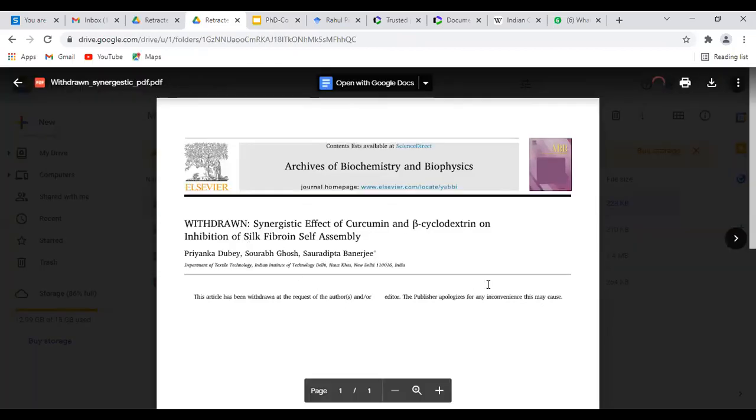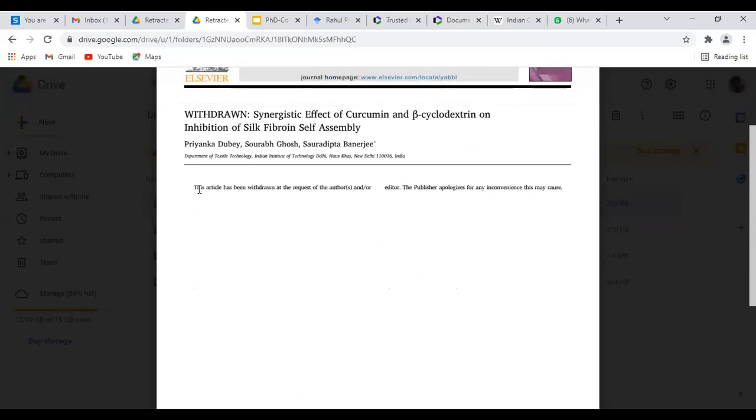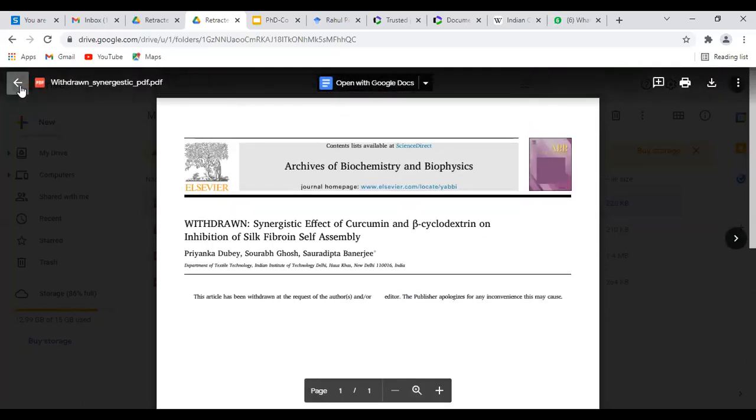So this is one paper I see withdrawn, right? Synergic effect of curcumin and beta cyclohexidine on this. Why is it withdrawn? The article has been withdrawn at the request of authors and editor. The publisher apologizes for the inconvenience. Why is this article withdrawn?